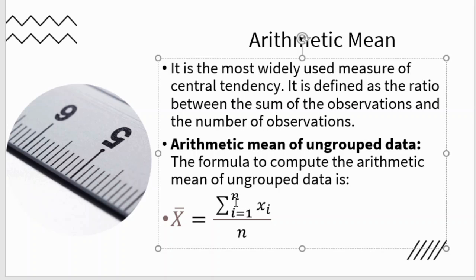The total number of variables or observations is n, starting from 1. So we have to add all the observations, and then divide by the total number of observations. So let's understand the same thing with an example.